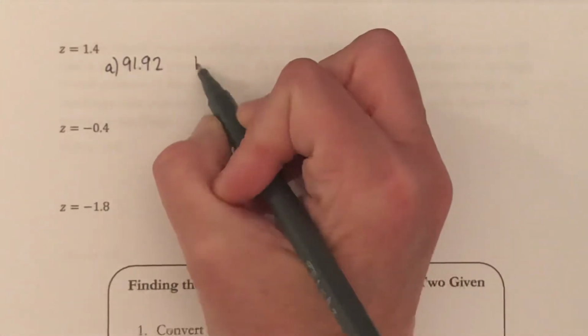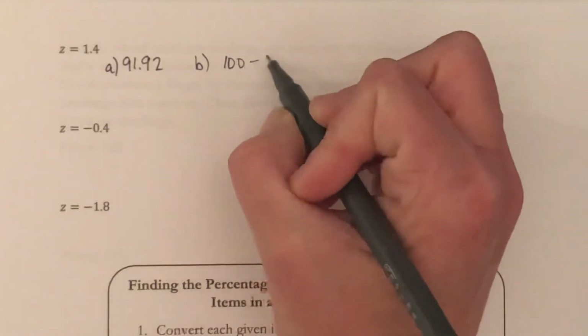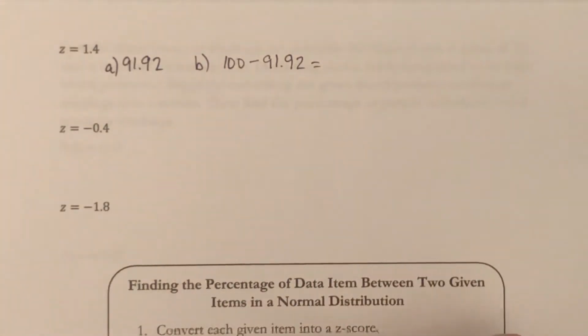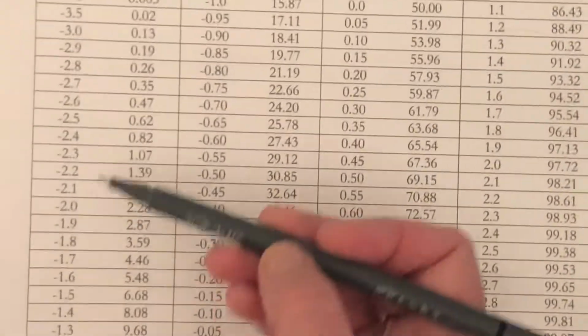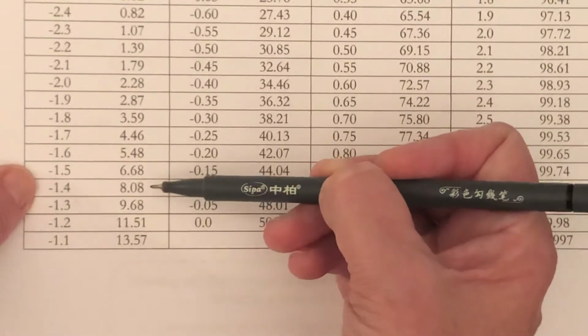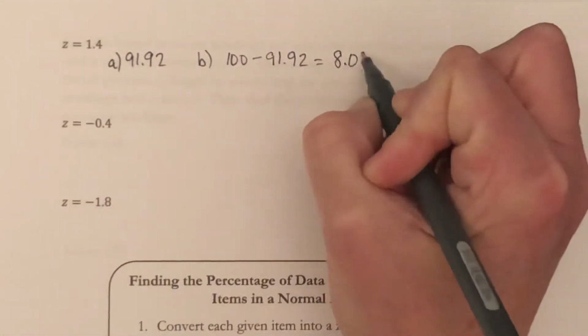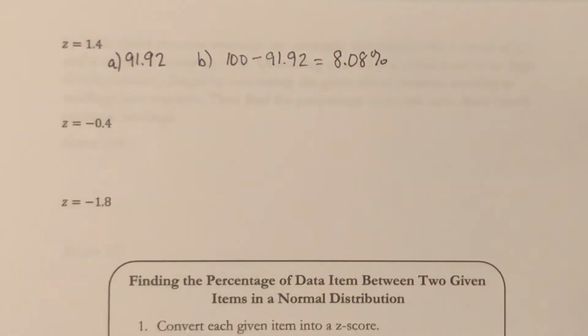For part B, where we find out what's above, we either do 100 minus 91.92, or if you have the whole chart, you can go look at negative 1.4. Negative 1.4 is right here, 8.08. Okay, remember, if we're doing the percent above and the percent below, you should be able to add those together and get 100%. So keep that in mind as you're doing these.